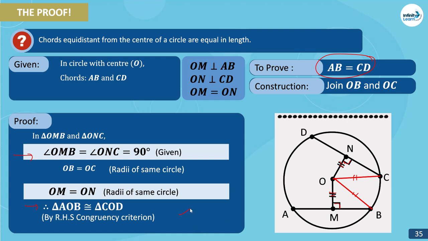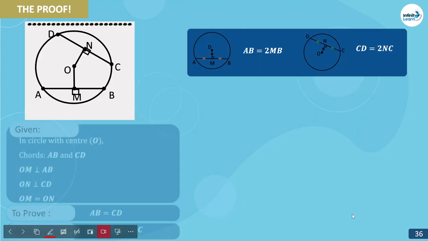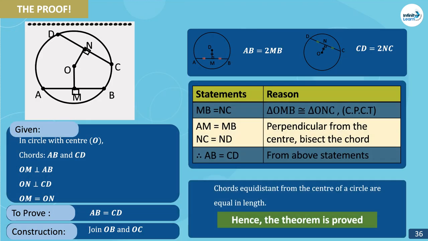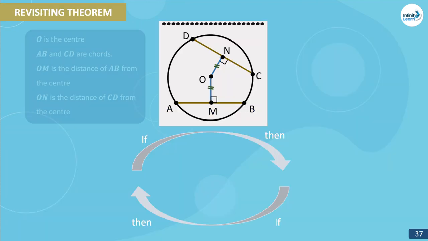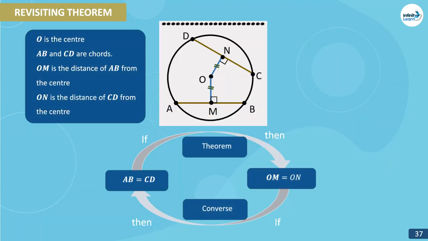Again by RHS criteria. NC equals MB by CPCT, and we double it. Therefore AB equals CD. The chords which are equidistant from the center are equal in length. Now if chords are equal, then they are equidistant from the center. If they are equidistant from the center, then chords are equal. Okay.